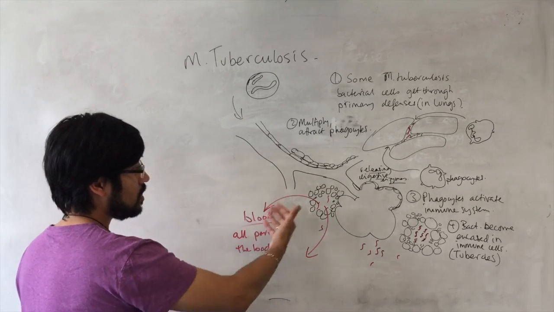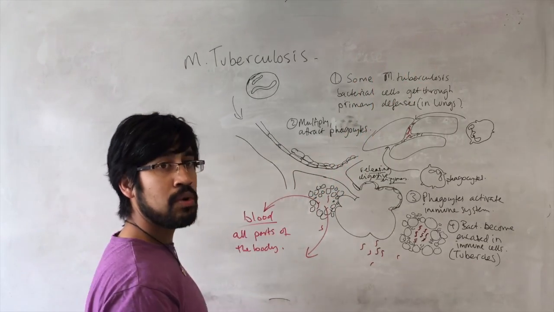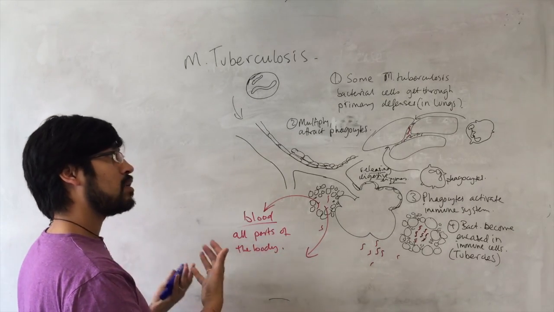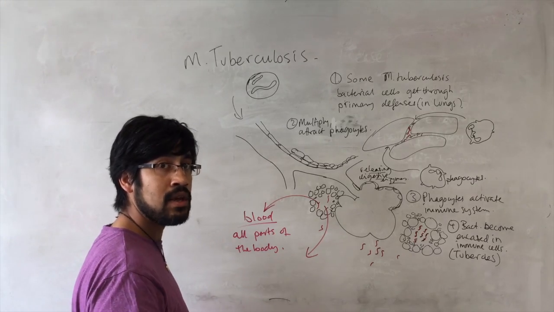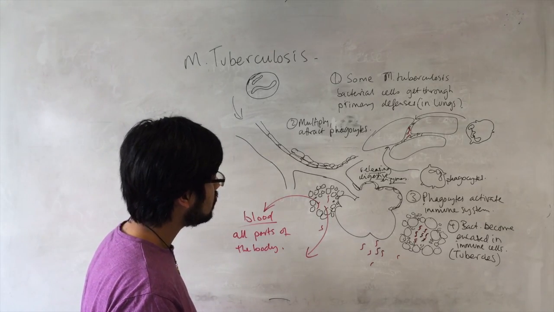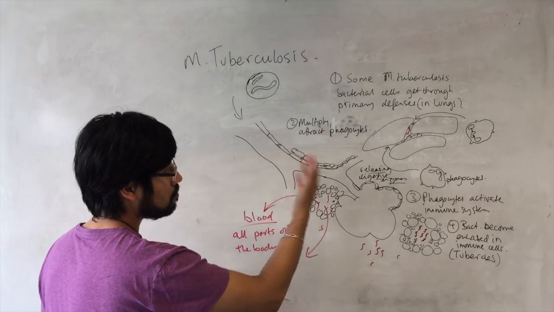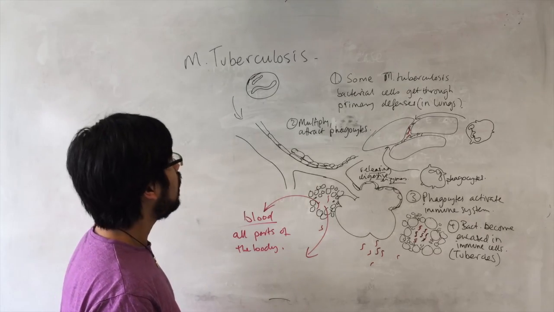Once the bacteria escape these tubercles, they can infect pretty much any part of the body and cause loss of function in the organs that they infect. That would be the advanced stage, but the initial stages are I think more relevant to you.